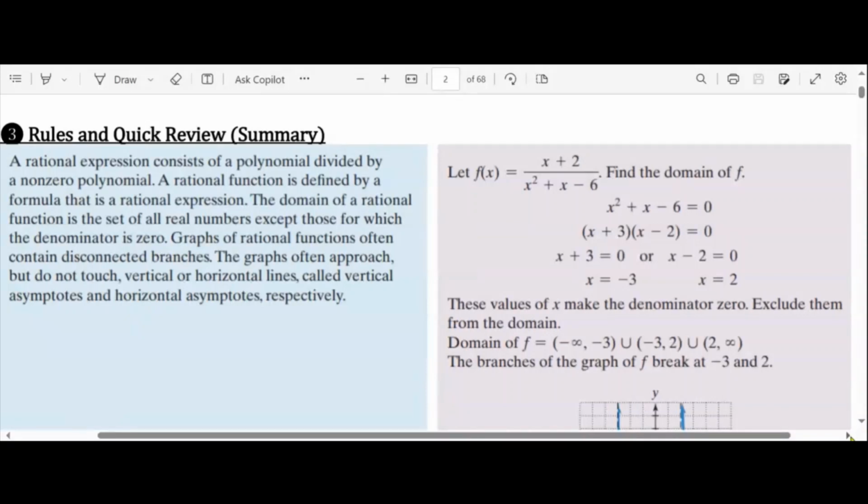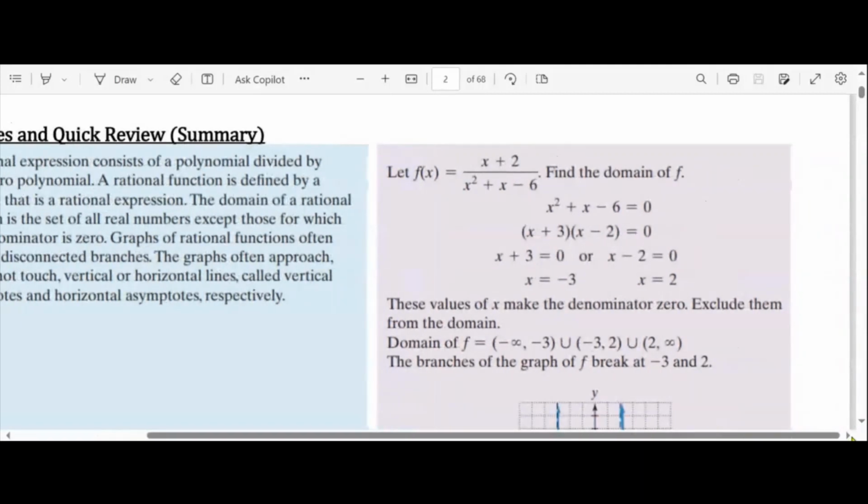Let's take a look at an example here. Let f of x equal x plus 2 over x squared plus x minus 6. Find the domain of f. The first thing you should do is not worry about the top part, but worry about the bottom.